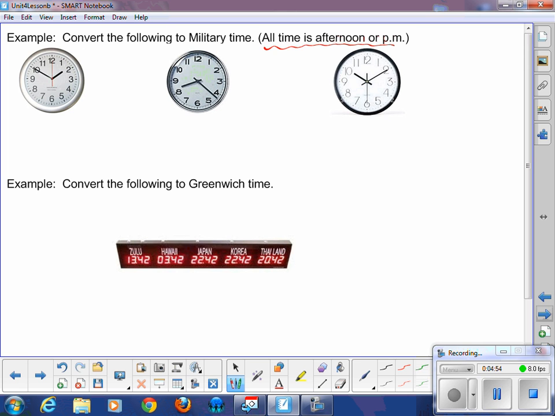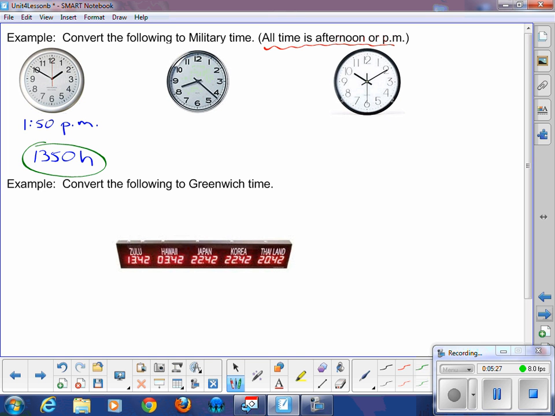Normally I'd ask you what time is it, and you would tell me it's 1:50 p.m. So for military time, you have to add 12 hours. That means you would report this as 1350 hours. And that's the answer. So 1350 is the military time. Okay, just adding 12 hours.